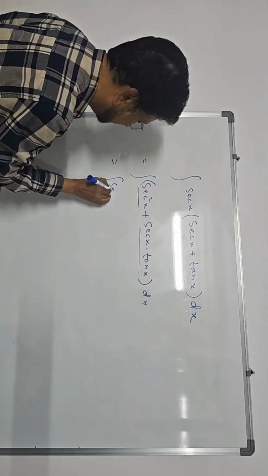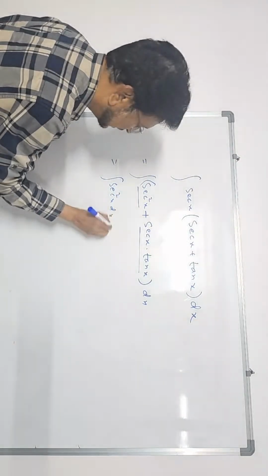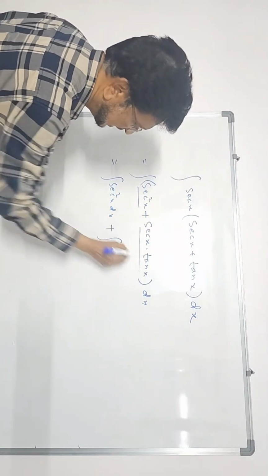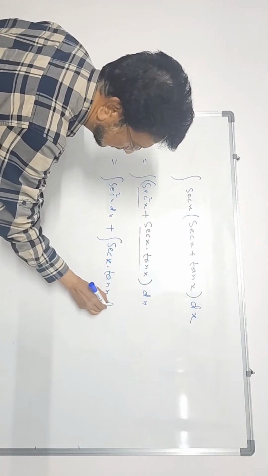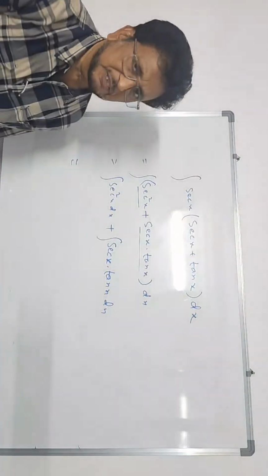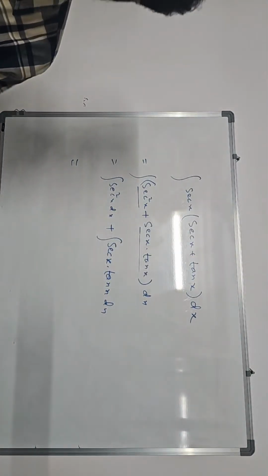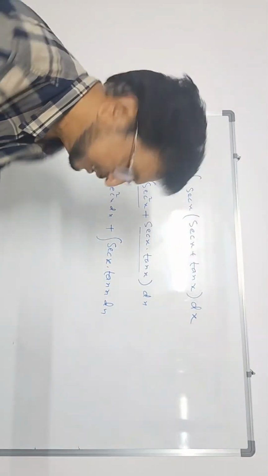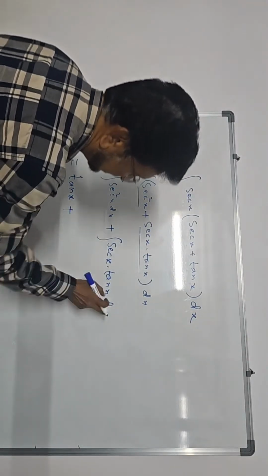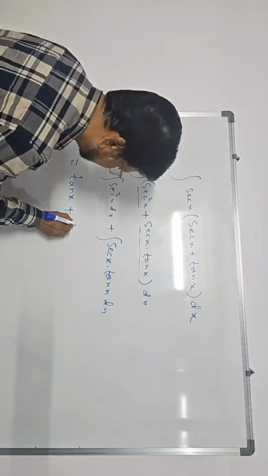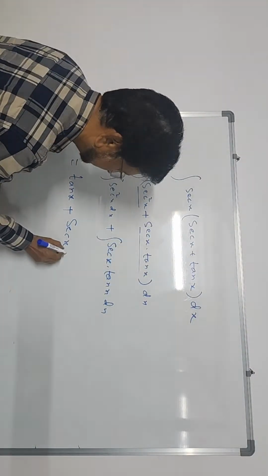Integration of sec square x dx plus integration of sec x tan x. I have given the formula. Integration of sec square x, check it, is tan x. Integration of sec x tan x is sec x plus c.